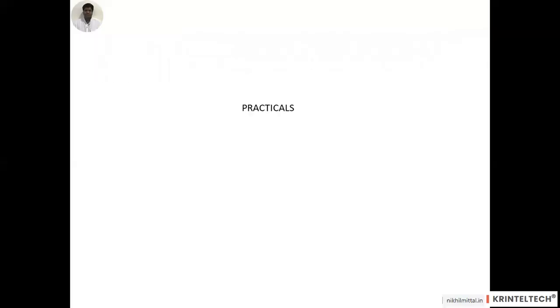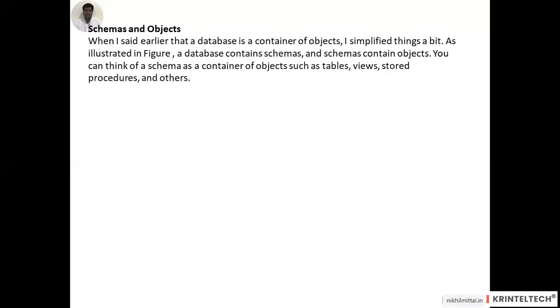Any questions, Sanjana? I mean, on the previous slide, it was written that schemas contain objects. So does object mean the whole table, or is it just one entity in a table?